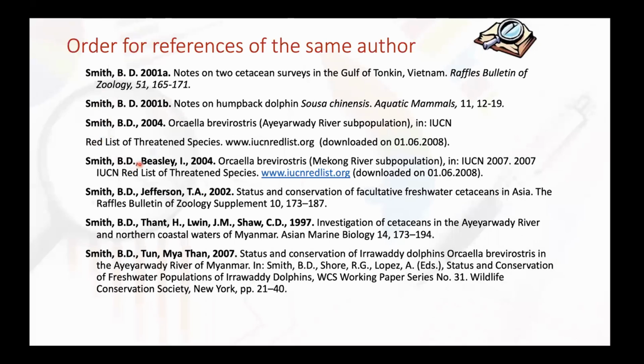Take the second author and arrange by alphabet. Don't look at the year. Just take the second author and put them in alphabetical order. Okay, you can see it here. Single author first, and then you go by the second author name, look at the initial letter and go in alphabetical order. This is how the majority of journals list the papers in the reference section.